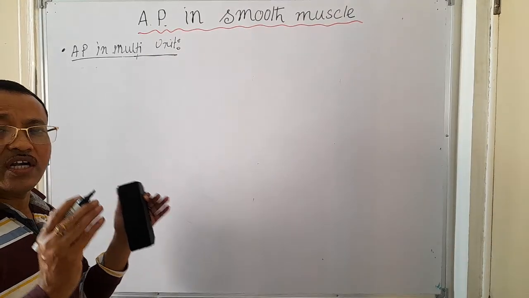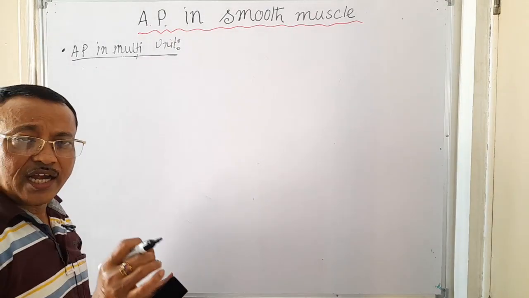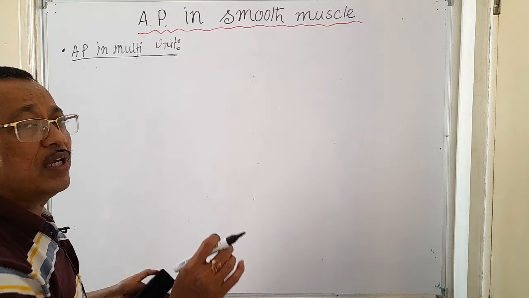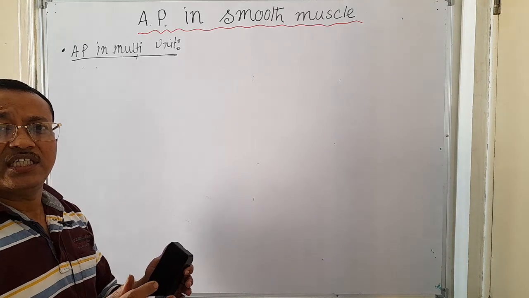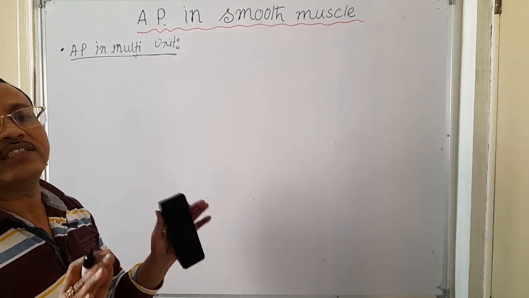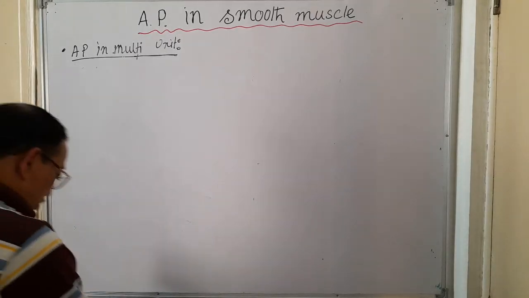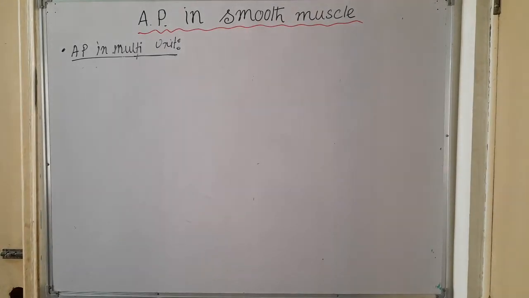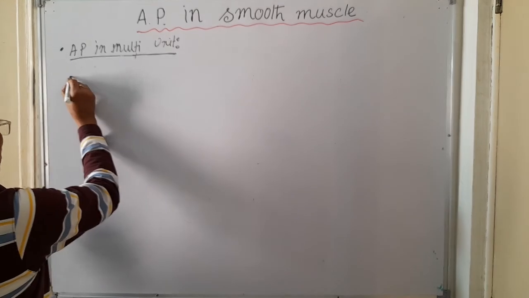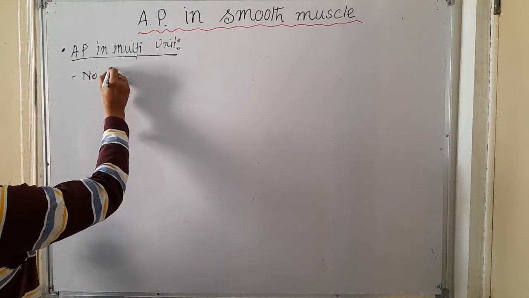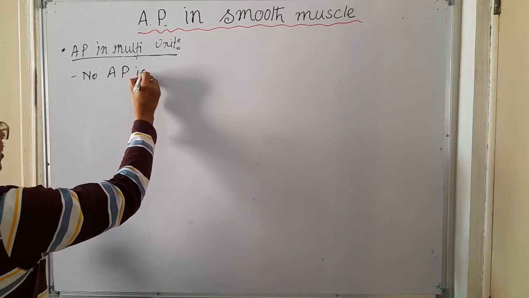They contract single-handedly, and this type of potential change is not known as the action potential. That means in the case of multi-unit smooth muscles, no action potential is developed.